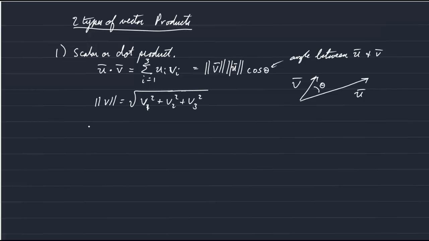Some properties of vector multiplication: it doesn't matter which order you do it, so the multiplication is commutative. It's also associative with scalars, meaning that if you multiply the dot product with a scalar, you can do the multiplication with the scalar and one vector first and take the dot product of that with the second vector.